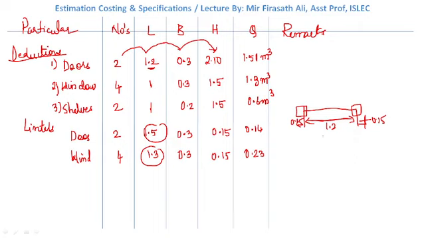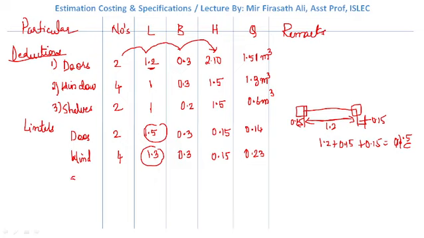So altogether 1.2 plus 0.15 plus 0.15. How much will we get? 1.5. That's why we got 1.5 there, and with the similar concept we get this value as 1.3.